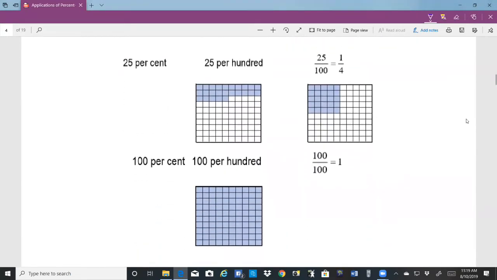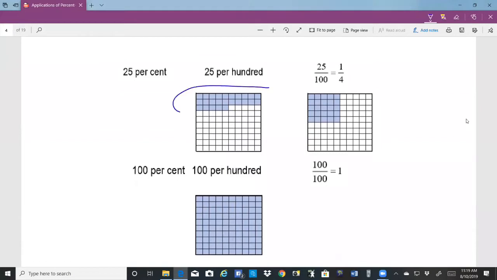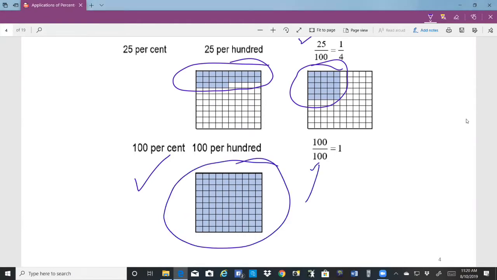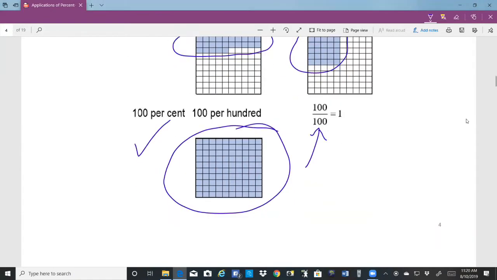25%, you would color in 25 of the boxes. Alternatively, you could color in this 25, and this would be 25 over 100 equal 1/4. And then, of course, if you had 100% of an amount, you would color in all 100 boxes, and that would be 100 over 100, fraction equal 1.